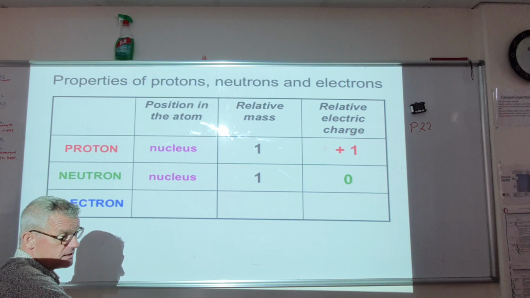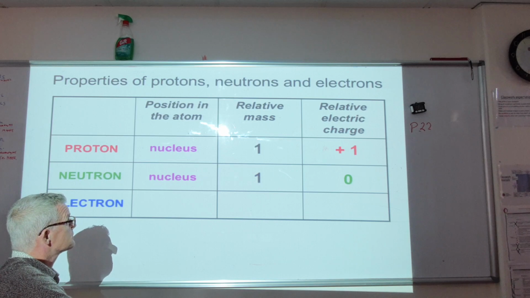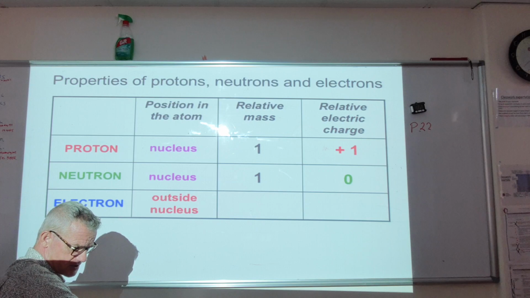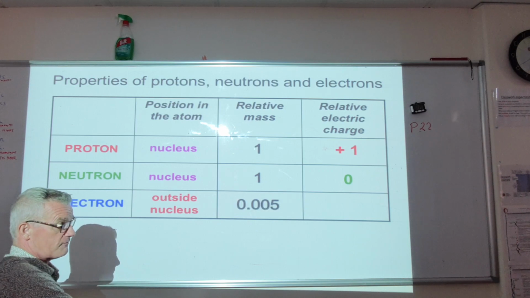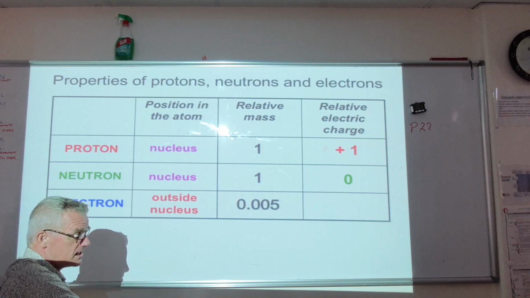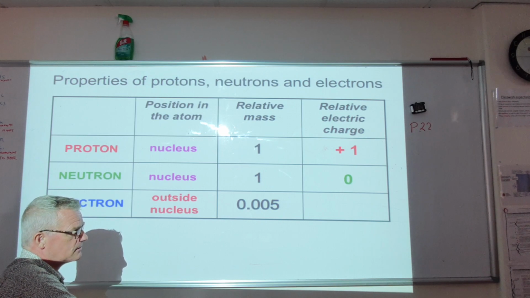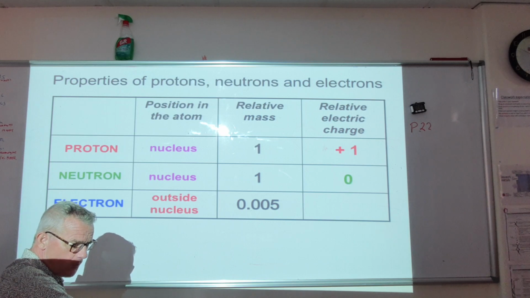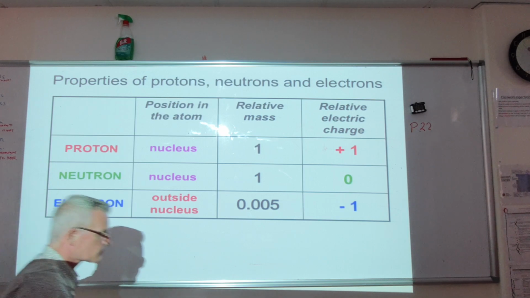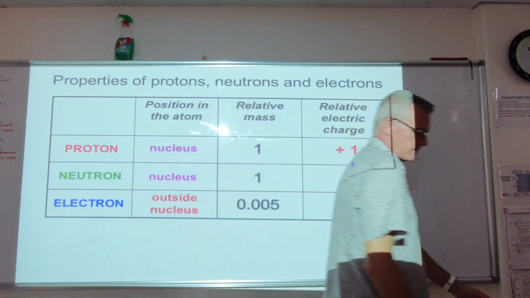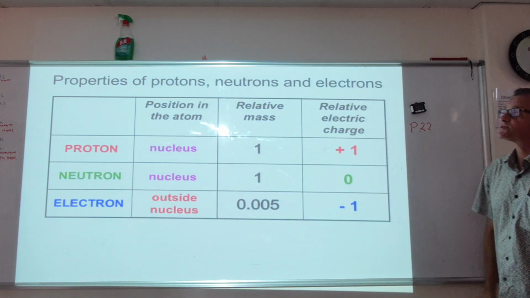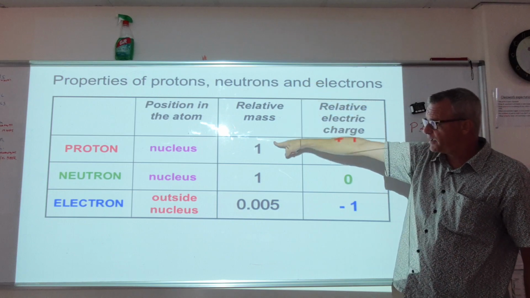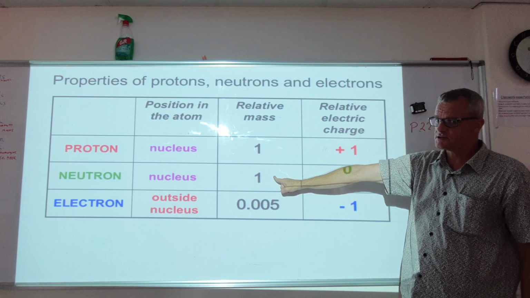Then, let's look at the electron. Where do we find it? We find it outside the nucleus, and it has a relative mass of 0.0005, or we may say it is negligible. And what is the charge? -1. So, again, the relative mass of an atom is defined by the protons and the neutrons.